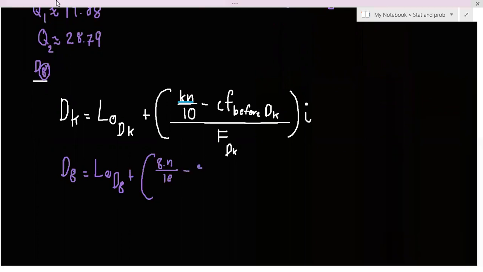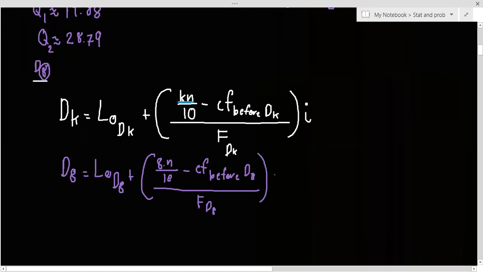This is supposed to be CF, not E. Forgive me. So this is CF before 8th decile all over the frequency of the 8th decile class times I. Ayan, times I.